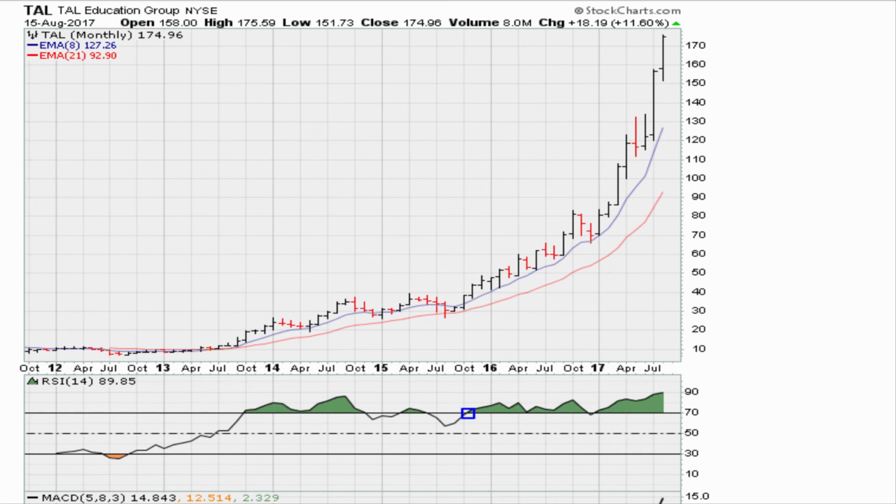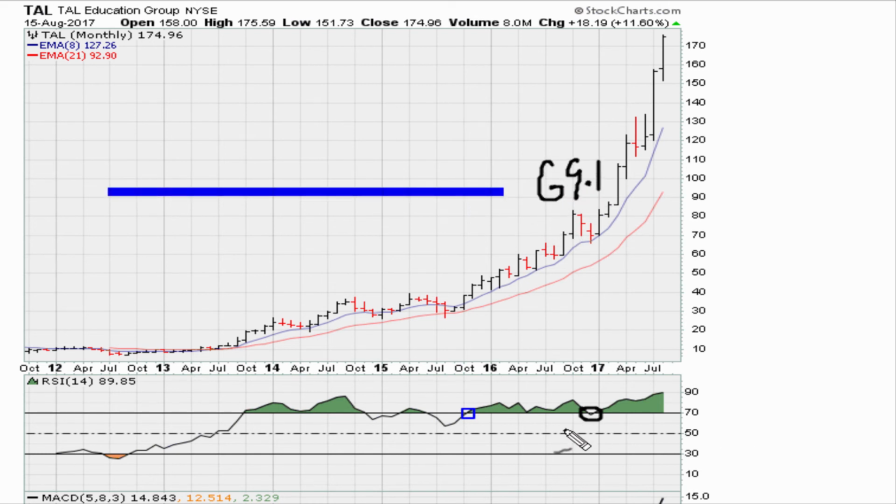Now let's assume that you held on because it did find support at 69.1. So pretty much what it did was this. This is 69.1. It moved above it here, came back, tested it, bounced back above it, which is this entry period here, this support zone.